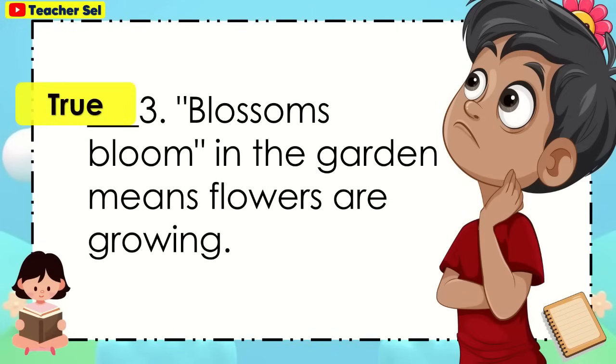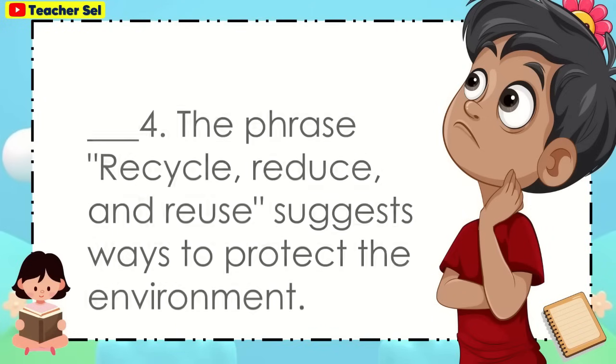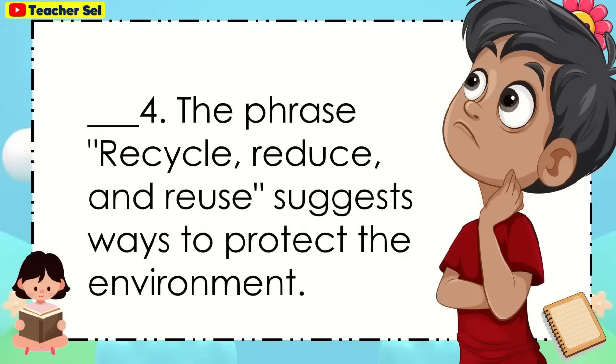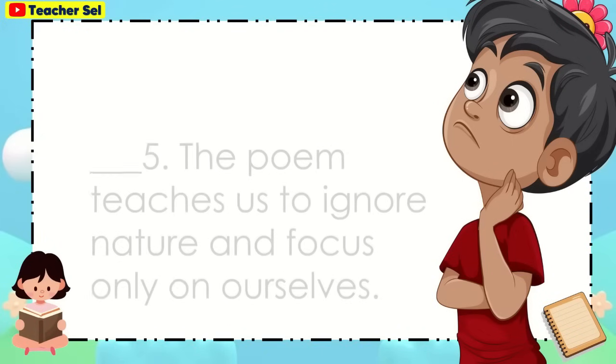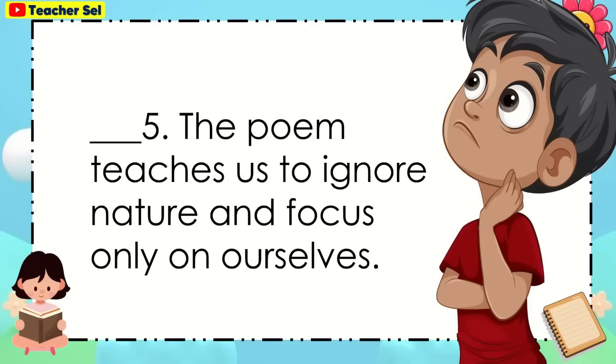You're right, it is true. The phrase recycle, reduce, and reuse suggests ways to protect the environment. It is true. The poem teaches us to ignore nature and focus only on ourselves. False.